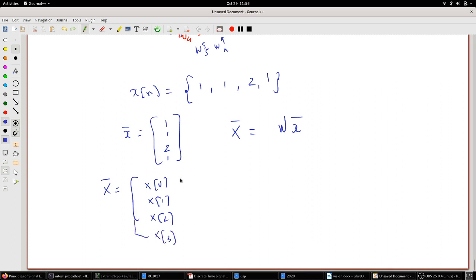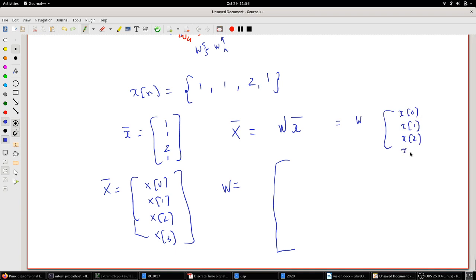The W vector will be, this will be my n value. So I am multiplying the W matrix with x of 0, x of 1, this is your input. So actually what happens here is every row of W gets multiplied with this column.